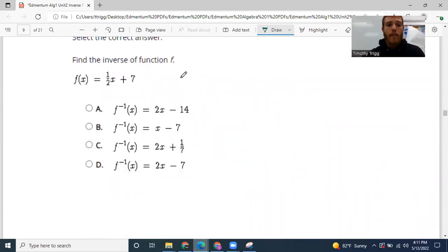Find the inverse of function f. So this is more of the same. I'm just going to do the swapping right away. So x equals 1/2 y plus 7, and go ahead and solve for y. This one's a little bit trickier, so we're going to subtract 7 on both sides of the equation, and I'm going to move my y to the left side.